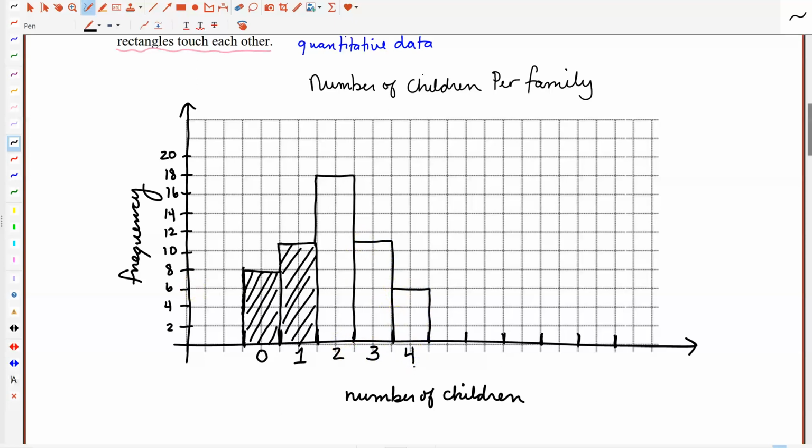The bar for 5 comes up to 4. The bar for 6 comes up to 2. The bar for 7 only comes up to 1. The bar for 8 comes up to 2 again. And the bar for 9 only comes up to 1.